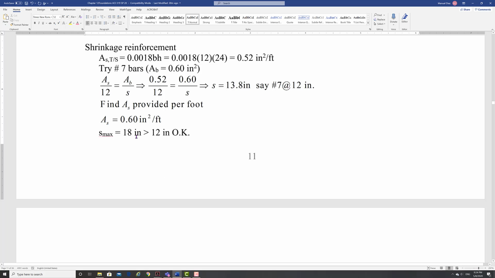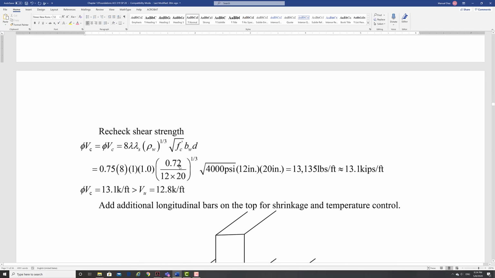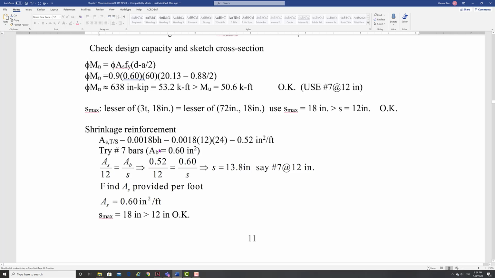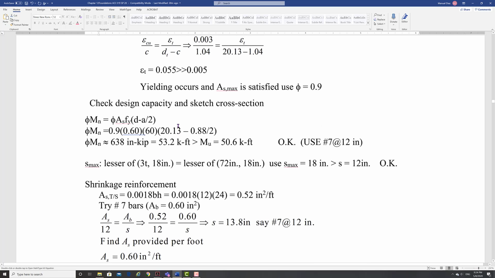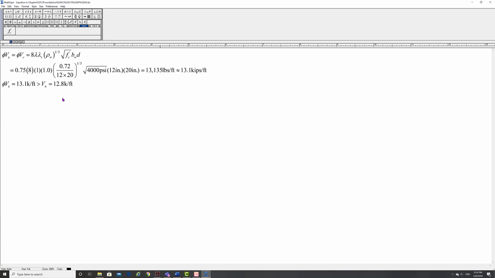It is satisfied as maximum. And let's recheck that here. Now I think we are going to be bad. Well, let's check it out. The new d value is 20.13. And so let's check out that one. I think this one is going to cause problems.